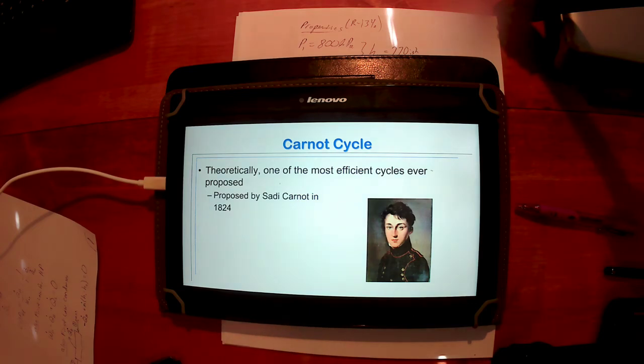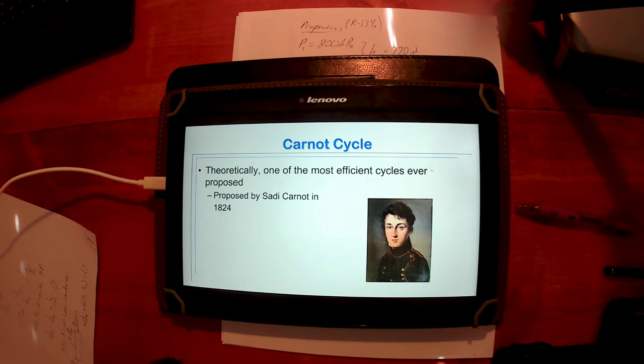So why is that important? Well, our good friend here, Pierre Sadi Carnot, French military engineer. I'm not a history person, and I'm sure people are going to tell me in the comments that I'm wrong here, but if I'm not mistaken, I believe he was a military engineer in Napoleonic times, trying to figure out, hey, can we figure out the most efficient engine that we can use to conquer our enemies?